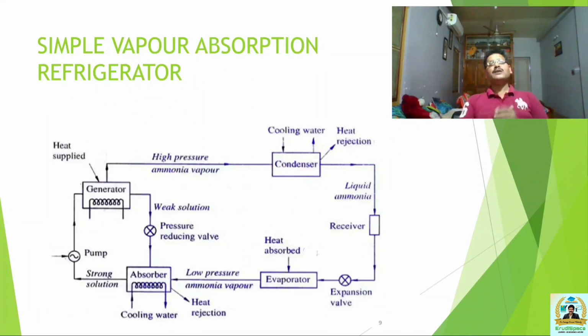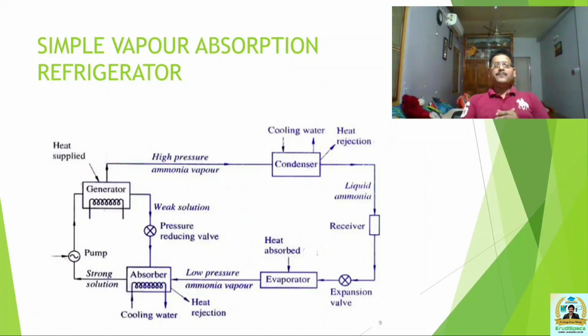Then this high pressure, high temperature working substance, which is called your refrigerant, enters the condenser. In the condenser, it releases heat to the surrounding condensing medium. As a result, it gets converted into liquid refrigerant. This liquid refrigerant is stored in a receiver.